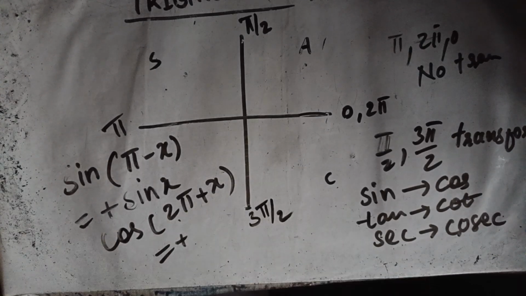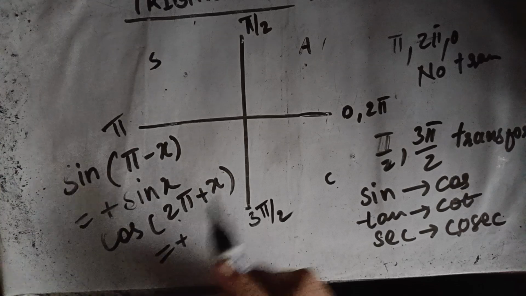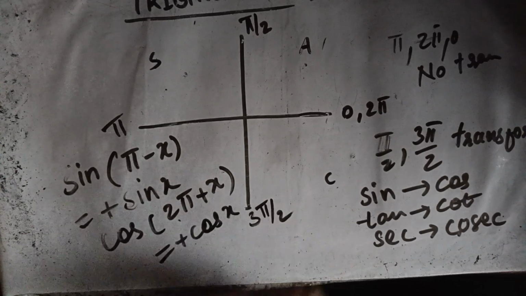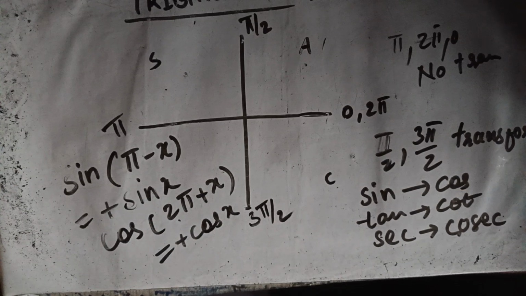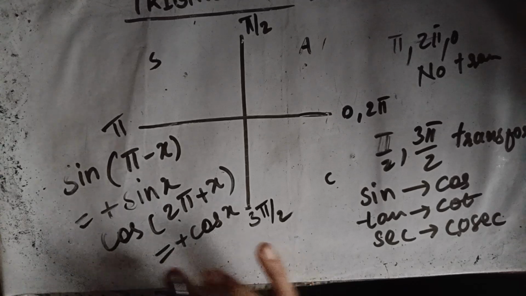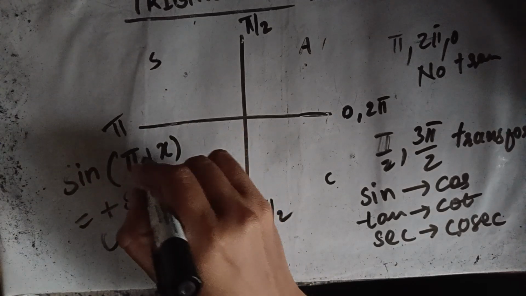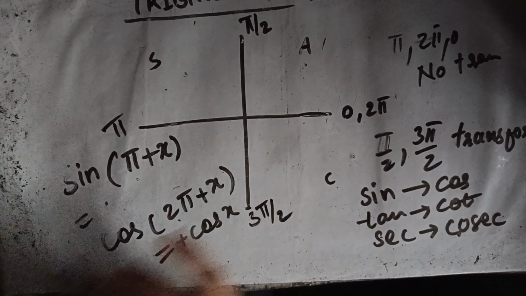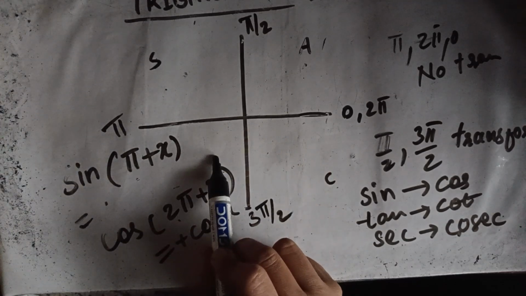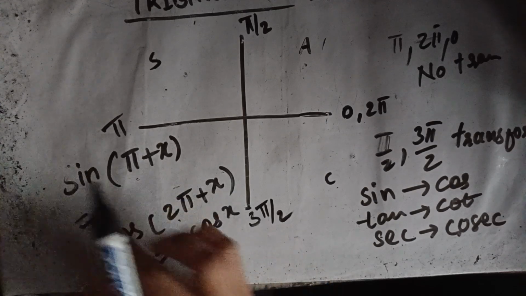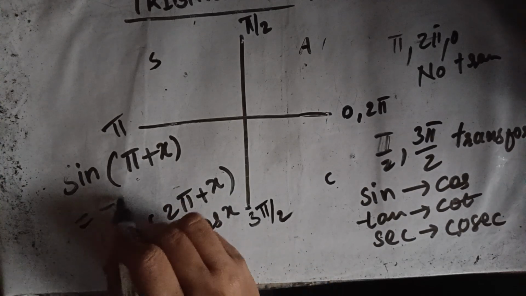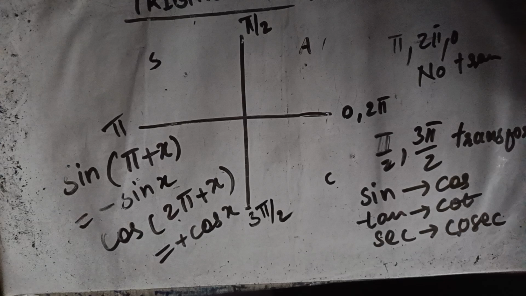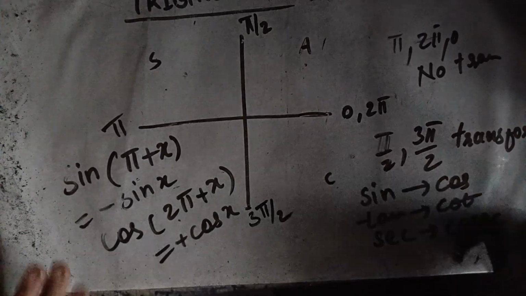In the fourth quadrant cos is positive and no transformation. Same way, if you take pi plus x, third quadrant, correct? In the third quadrant, sign is negative and no transformation. So this way you can write.